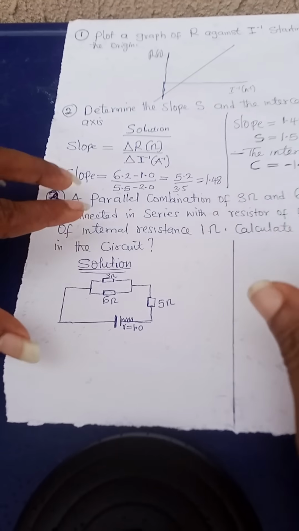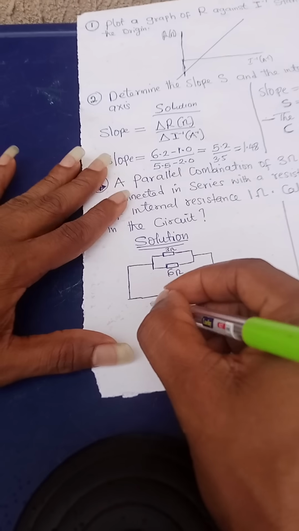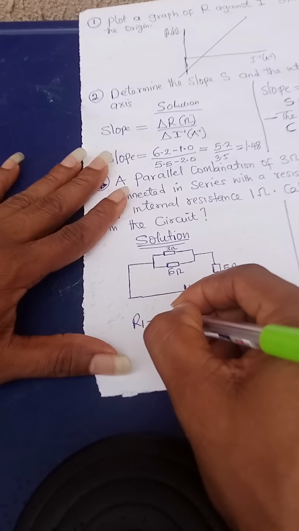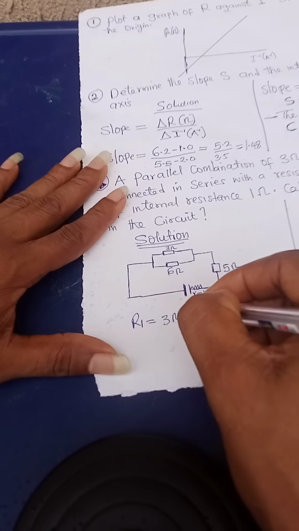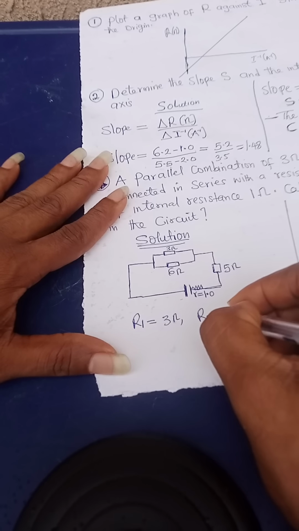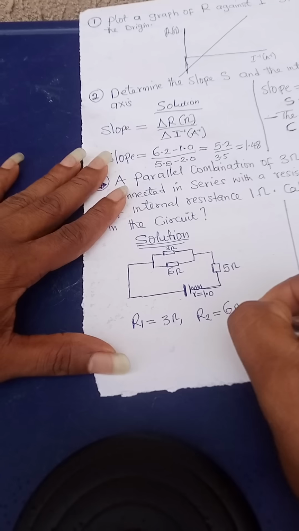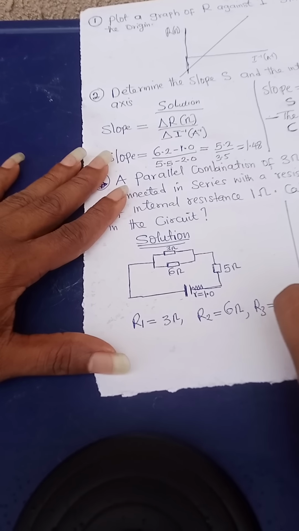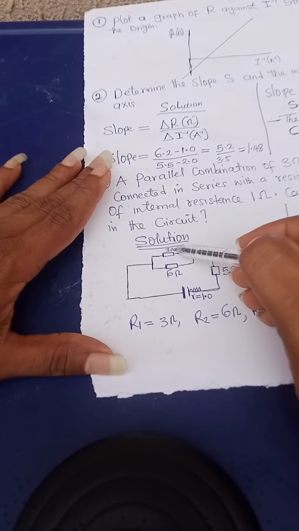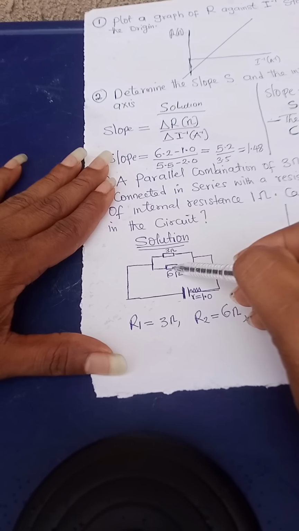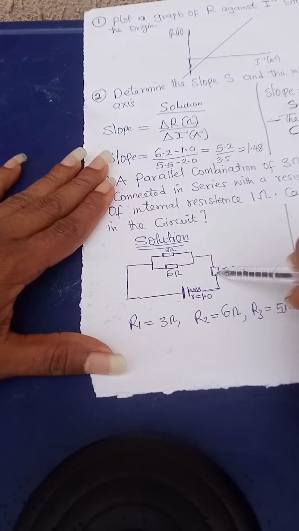So let my R1 be equal to 3 ohm, then R2 is equal to 6 ohm, and then R3 is equal to 5 ohm. So this is my R1, 3 ohm. This is my R2, 6 ohm. And this is my R3, which is 5 ohm.